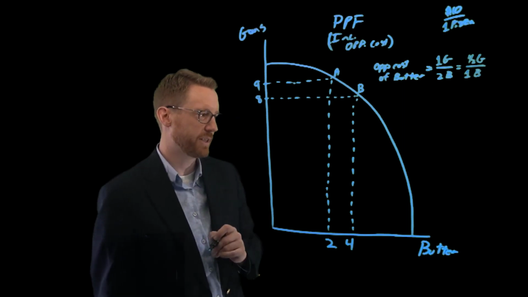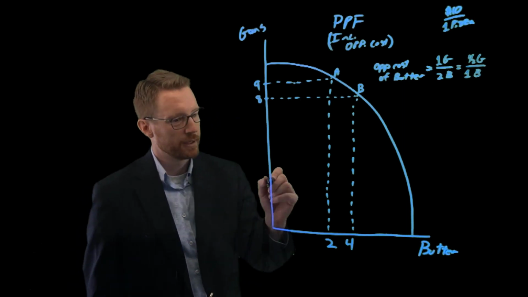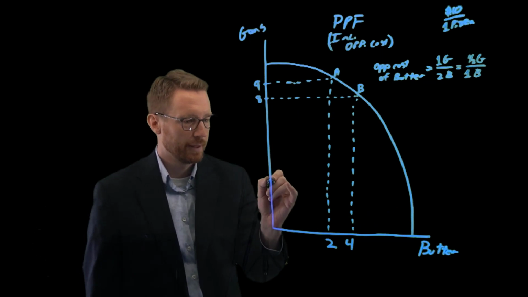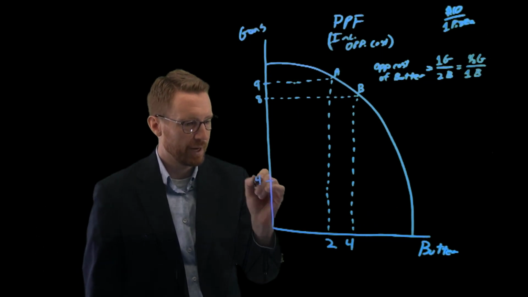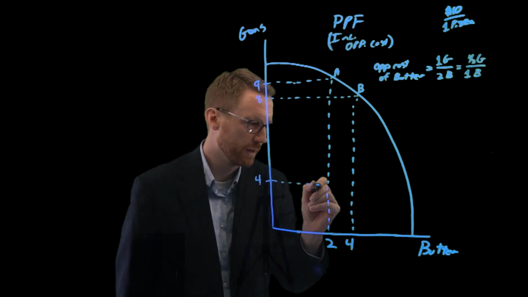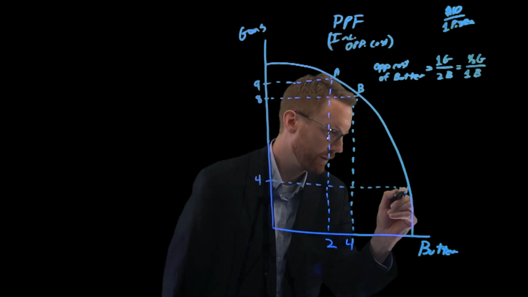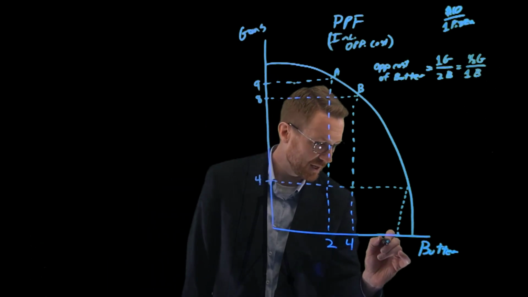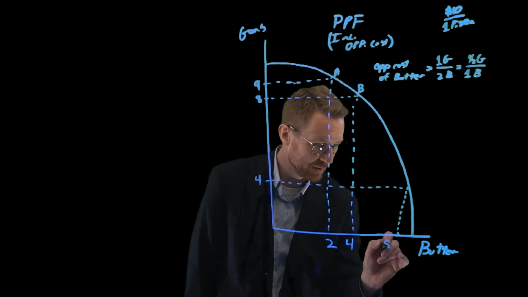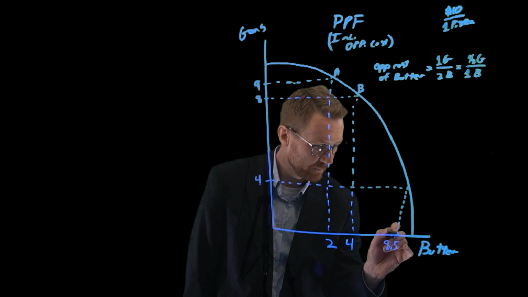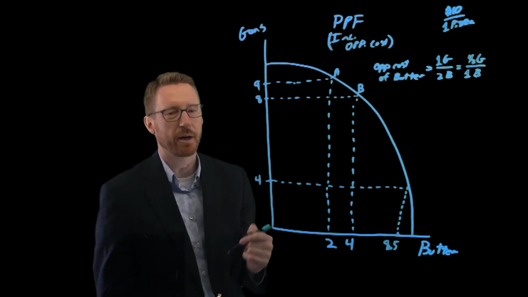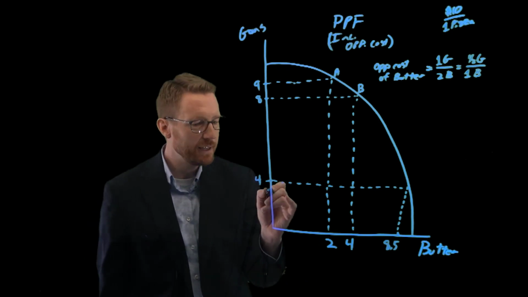Okay, what about a different point on the graph? So let's suppose that we just keep working our way down, and maybe we're making 4 guns and an awful lot of butters. So let's say that's like 8.5 butters. Right, so 4 guns, 8.5 butters. And we say, well, what if we cut back our national defense spending even further?